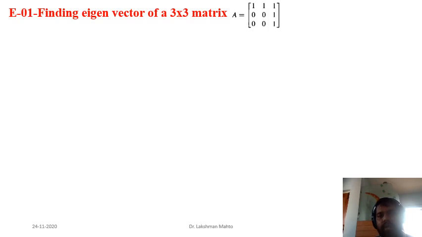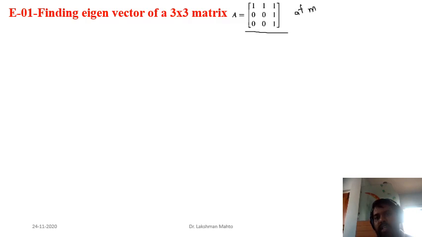So here I am taking one more example. It is a 3 by 3 matrix. Due to its size being 3 by 3, this matrix will have at most 3 real eigenvalues. I have already mentioned that I will be interested only in finding real eigenvalues and the corresponding eigenvectors.